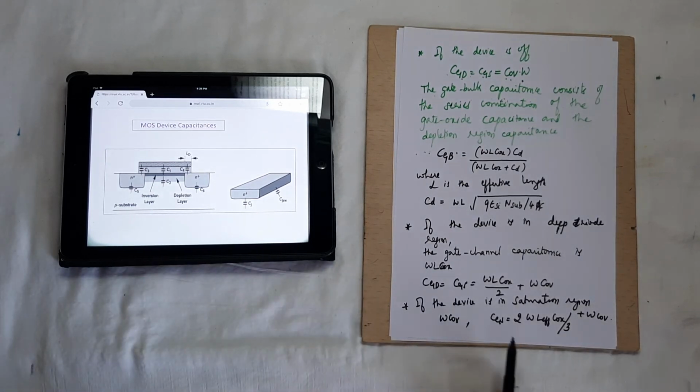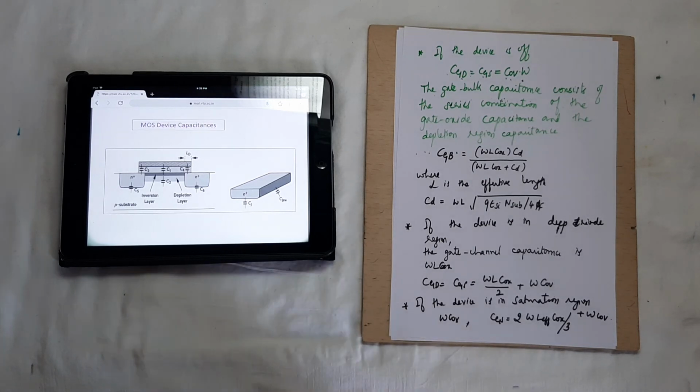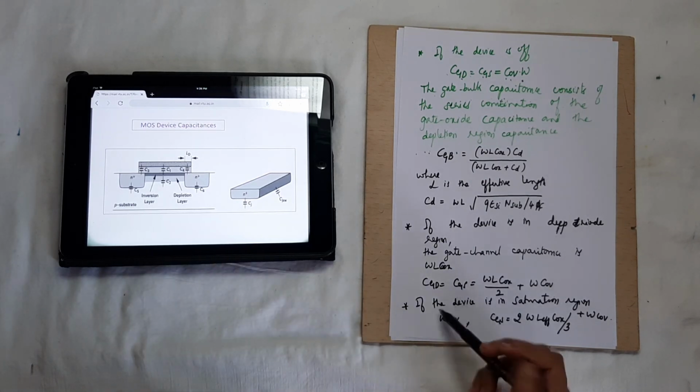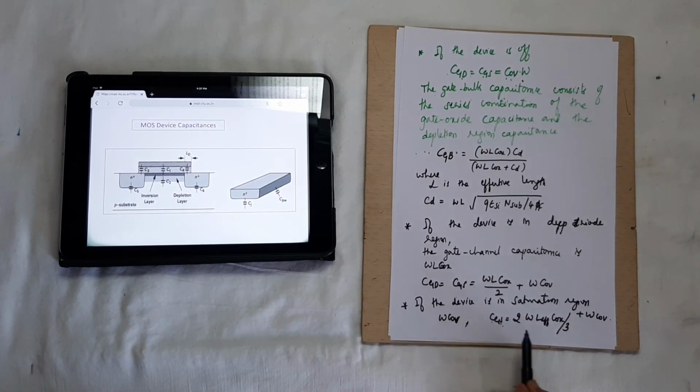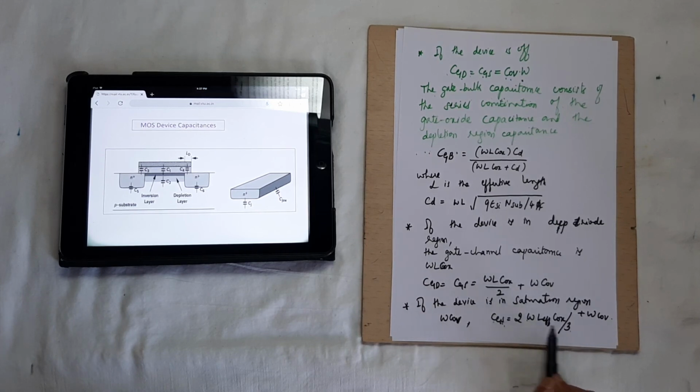See, look here, in the saturation region, the drain capacitance is only W into COV, whereas the gate to source capacitance is approximated as 2/3 of W L effective into Cox plus the overlap capacitance W into COV.